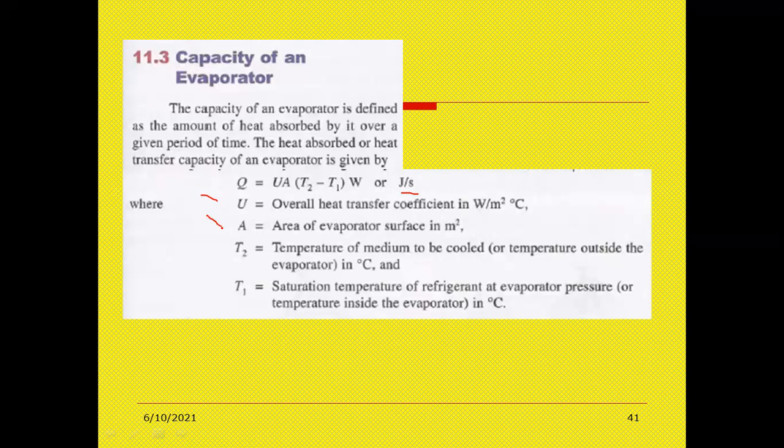A is the area of the evaporator surface in m square. T2 is the temperature of the medium to be cooled. T1 is the saturation temperature of the refrigerant. So these are the things to consider for the capacity of an evaporator.